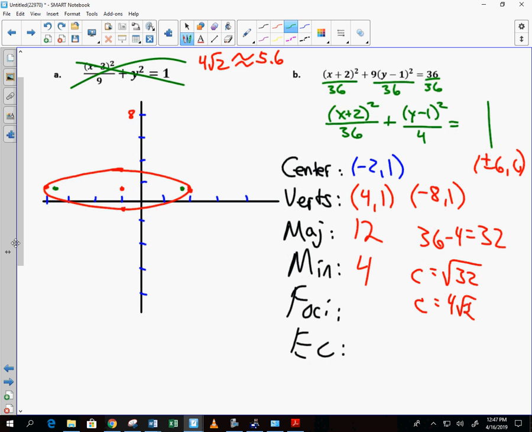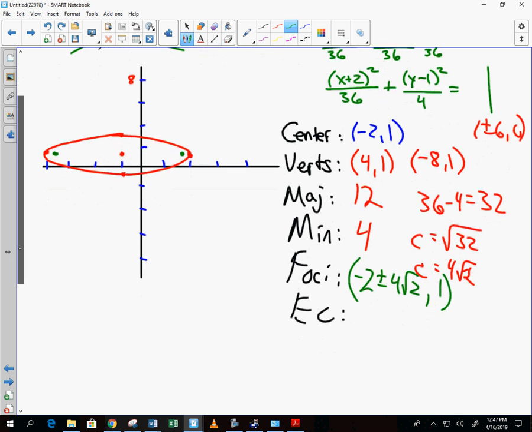And so the foci are going to be, you can see that the y value doesn't change, but the x value does. The x value starts at negative 2, and then you add or subtract 4 roots of 2 to it. So you go 4 roots of 2 in one direction, 4 roots of 2 in the other direction, and then the y value stays at 1.